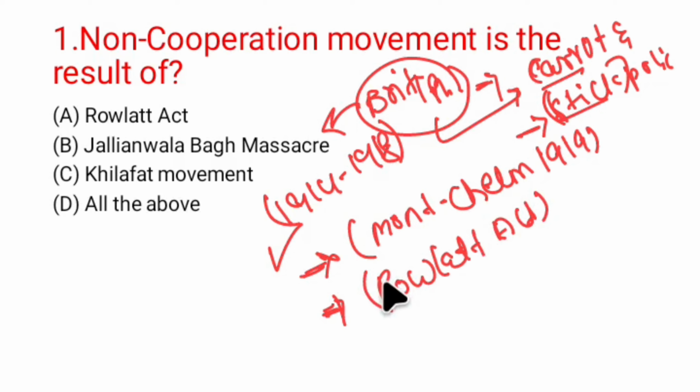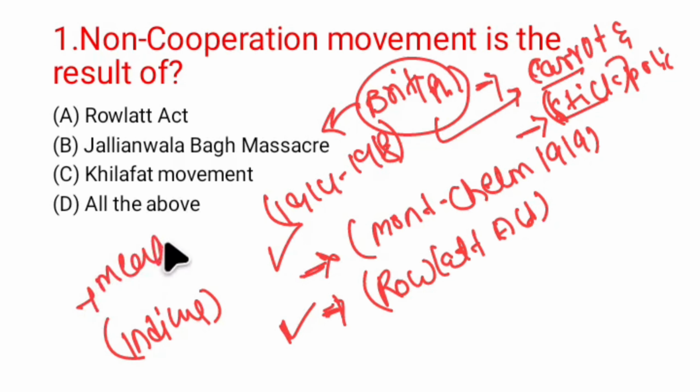Basically, Indians were arrested on mere suspicion. The authorities could arrest Indians, and there could be a jail term of 2 to 3 years without any trial. So this is basically the Rowlatt Act.